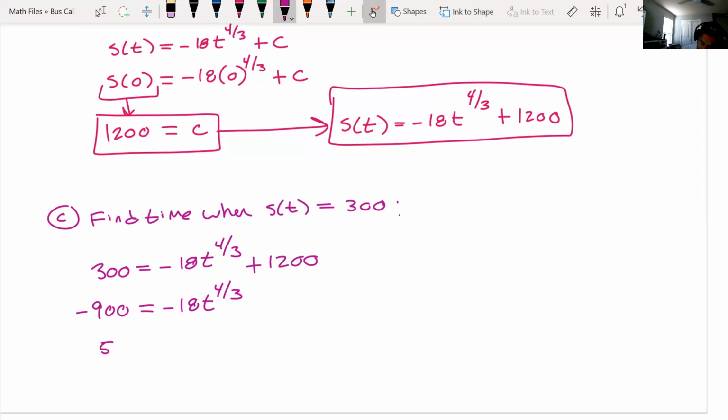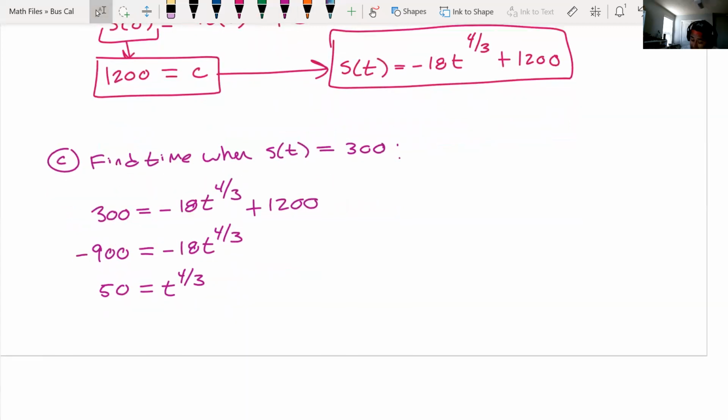You get 50 equals t to the 4/3. Okay. And now to solve for t, all you're going to do is raise both sides to the opposite exponent, or I should say the reciprocal exponent.